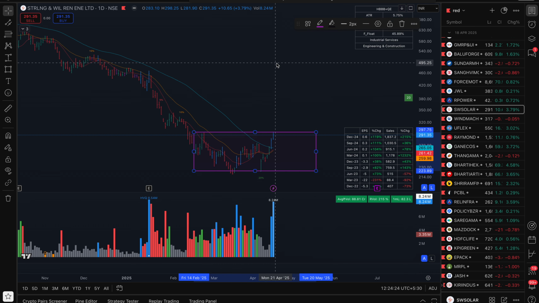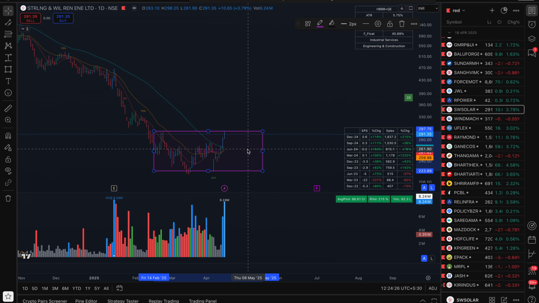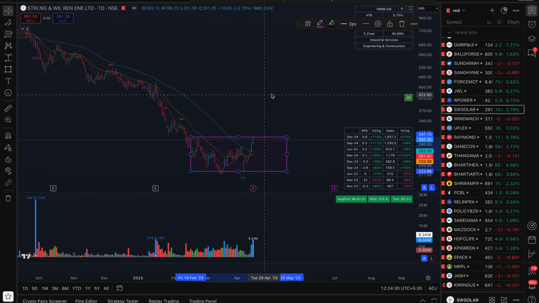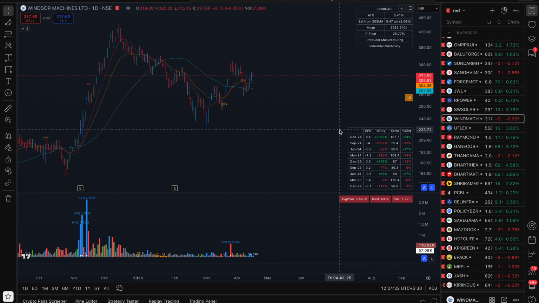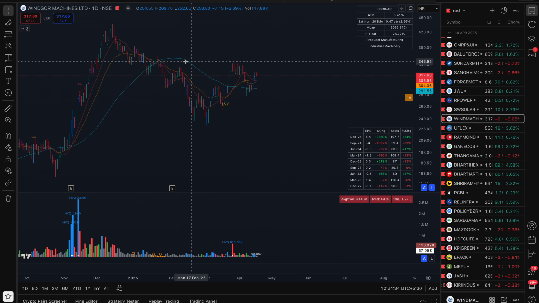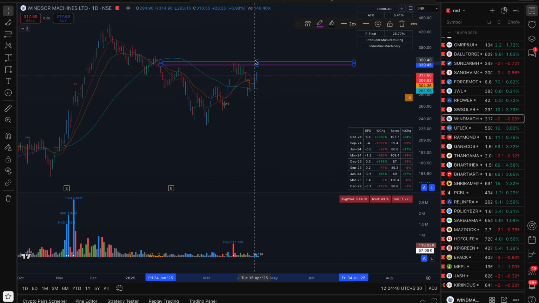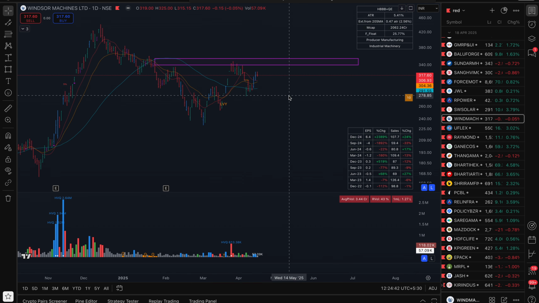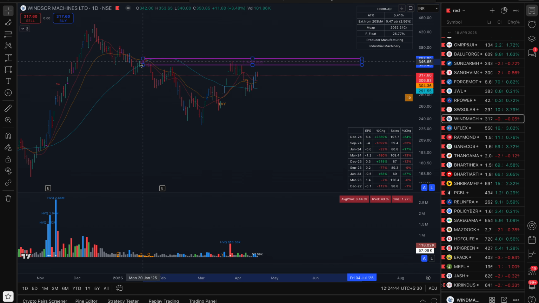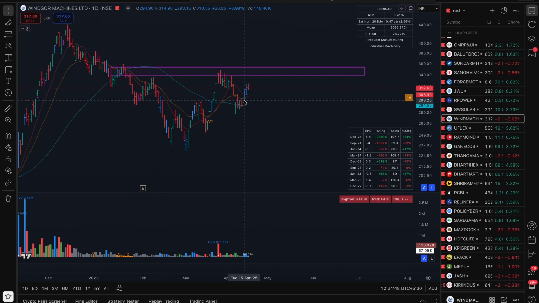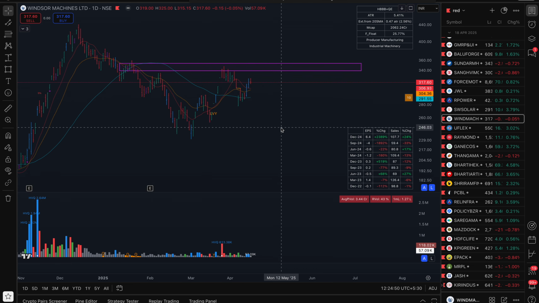Some more tightness in this area, and then it'll be more actionable. Windsor Machines, it's a great reversal base in my opinion. Around here would be the least zone of resistance, and this would be an actionable buy.